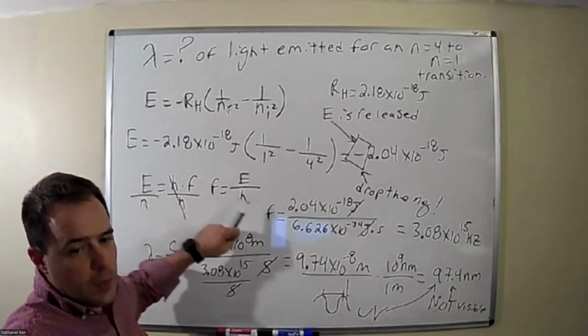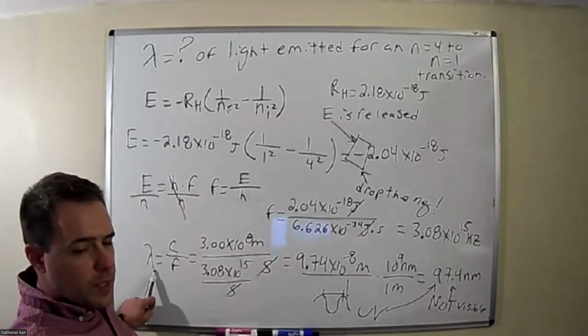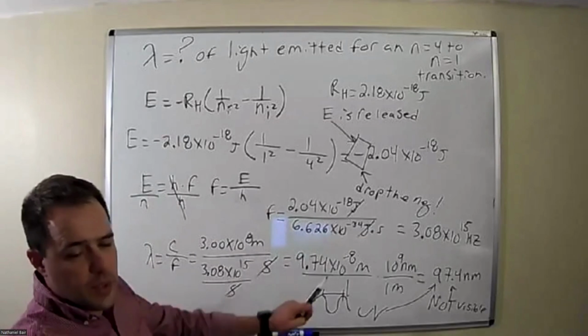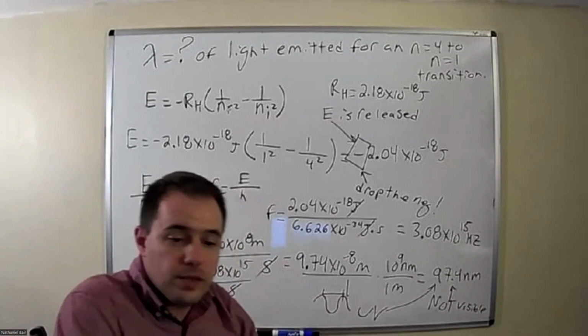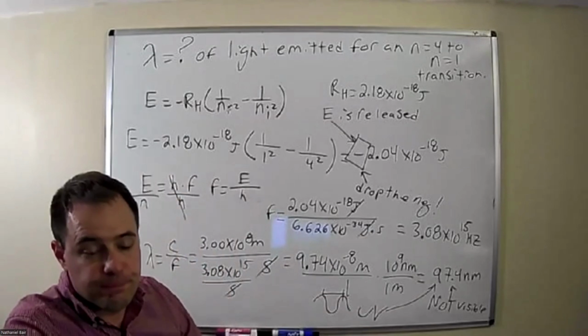And then once you have a frequency, we can use this good old equation we used at the beginning of class, wavelength equals c over f, lambda equals c over f, and we can turn that into a wavelength, and then you can see if it falls in that 400 nanometer to 750 nanometer range.